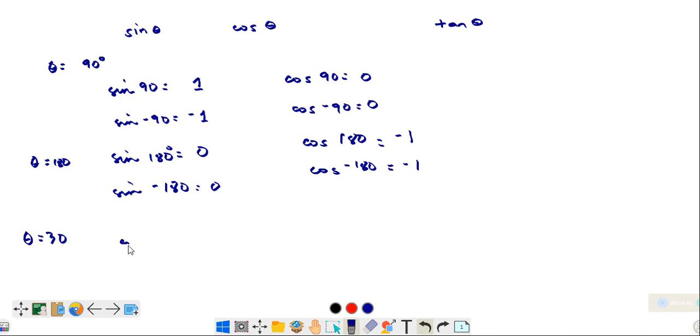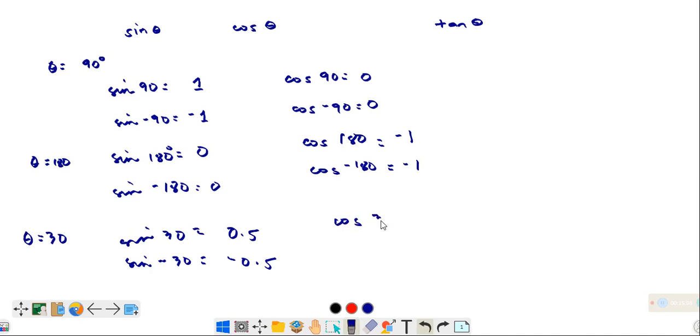So, unahin natin si sine 30 degrees. Ang sine 30 ay equal sa 0.5. Pero pag kinuha mo si sine negative 30, you will end up with negative 0.5. O, kunin natin si cosine.